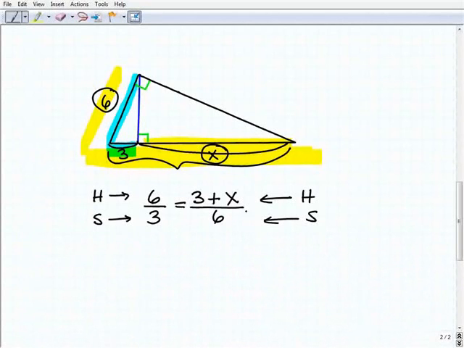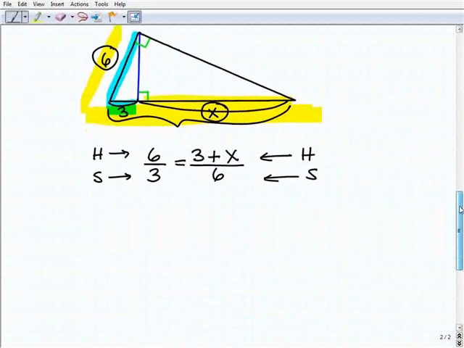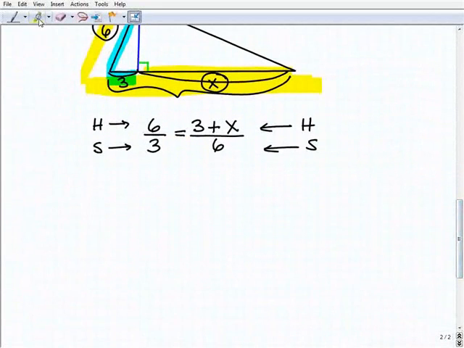I'd probably give you at least half credit if you're able to show me that you understand enough to set up these proportions. So now you're going to use your excellent algebra skills, and we're going to use the cross product to solve this proportion. So this is going to be 6 times 6, which is 36, equals 3.